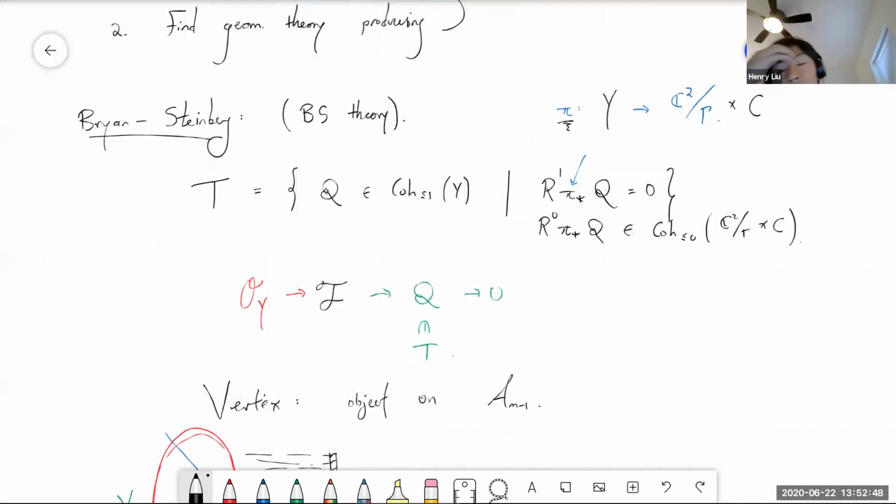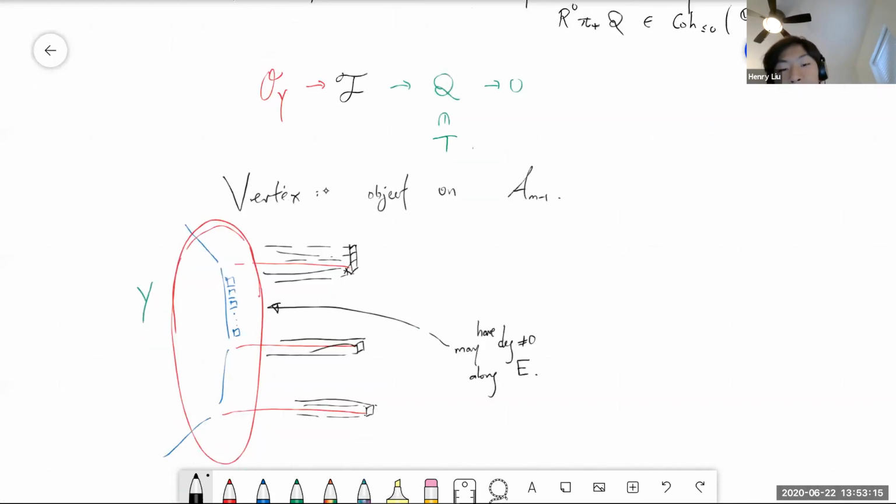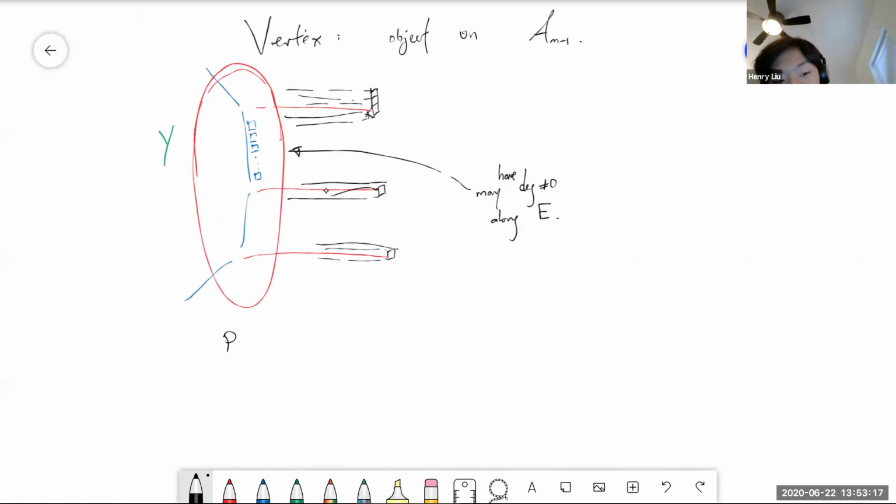Yeah, I'm not sure if I have a good answer to that question, other than the heuristic which I essentially just said, where you say I acknowledge that I want to throw away one-dimensional things on the exceptional divisor, but it turns out if you just throw out all of them, that's just way too much. And beyond that, I don't know, you can run some computations and you can see that there's a PT-BS correspondence.